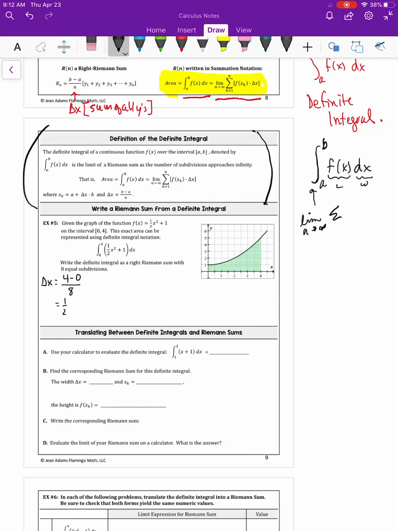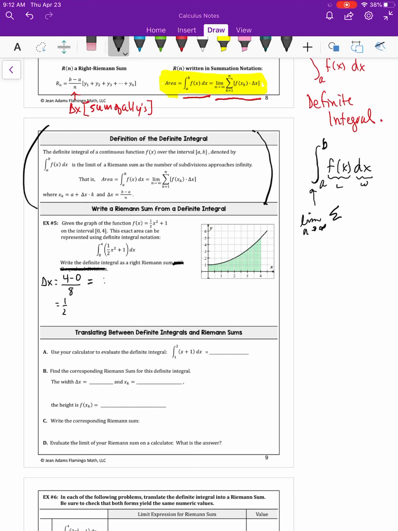Oh, I know what I wanted to tell you about this. My notes, my thing right here says something different than what my notes say. And I don't remember if your notes say something different here or not.